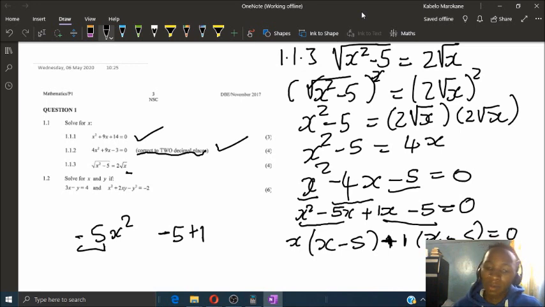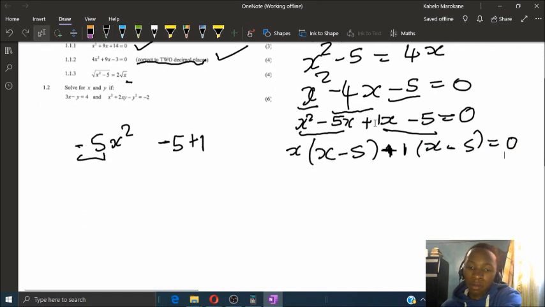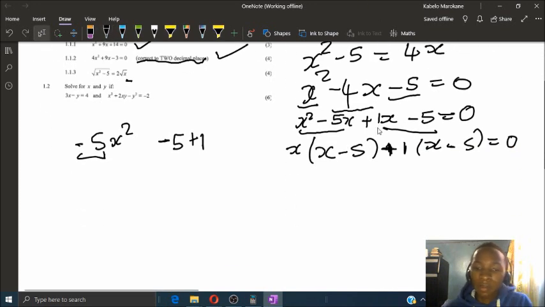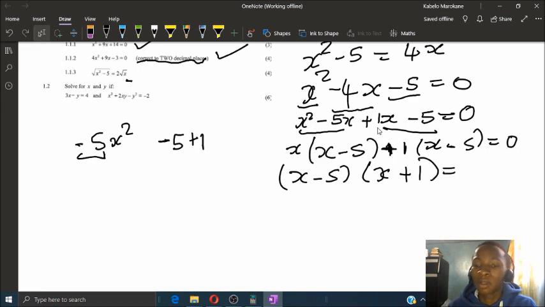equal to 0. So because the brackets are the same, we keep 1 and we take x plus 1, all equal to 0. So either the first bracket is equal to 0 or the second one is equal to 0.